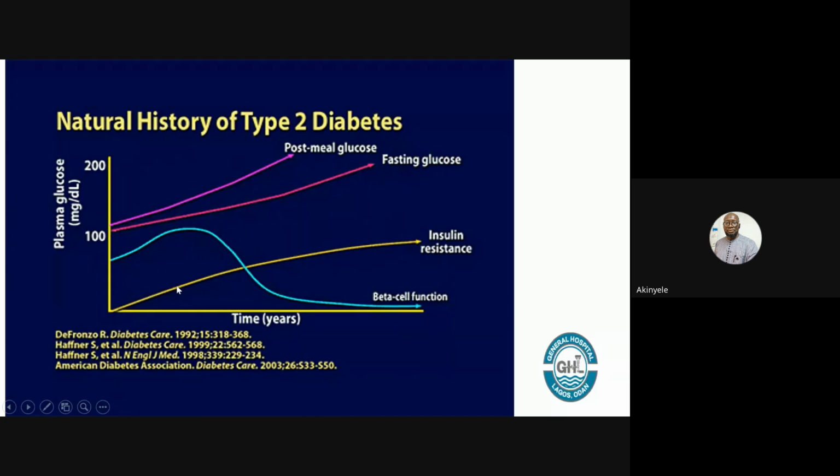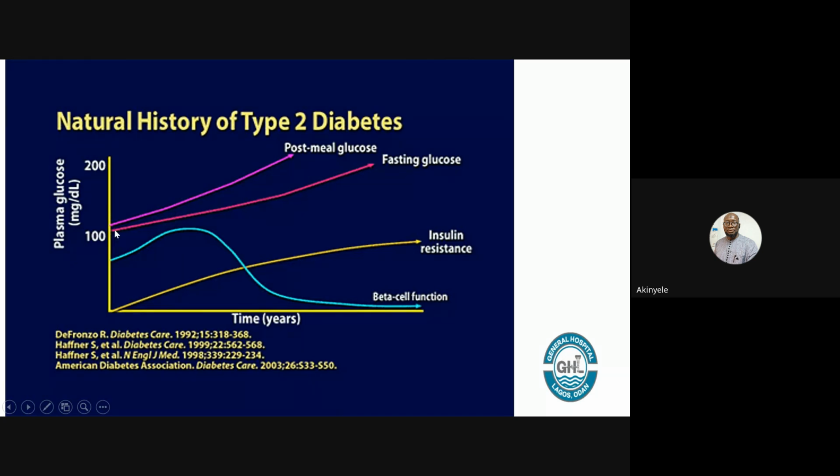And this insulin resistance continues to increase. And as insulin resistance increases, it means that the pancreatic beta cells are forced to produce more insulin. But after a while, the pancreatic beta cells are not able to cope. And then you see the insulin production gradually going down because of decrease in the beta cell function, such that by the time that patient is diagnosed, like I said, 50% of the beta cell function is already gone.